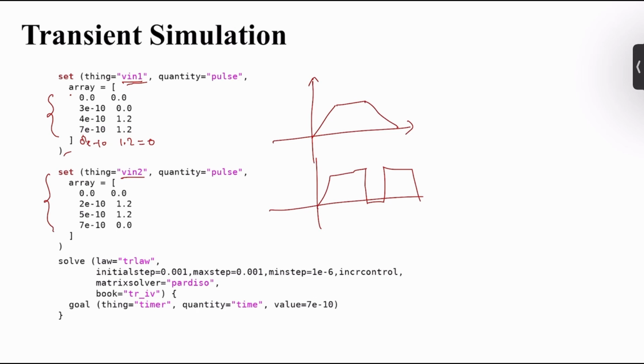circuit with our input. I put max step and min step, and then I'm sweeping the time up to 7E10. I took 7E10 as the last of the data, so I swept till 7E10.